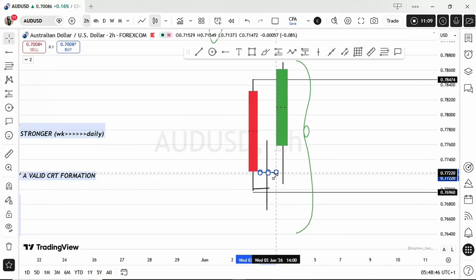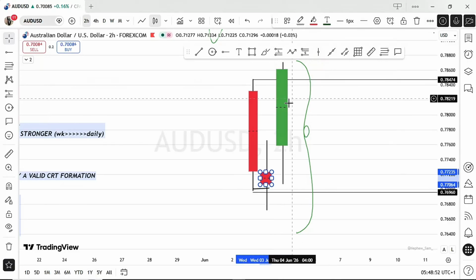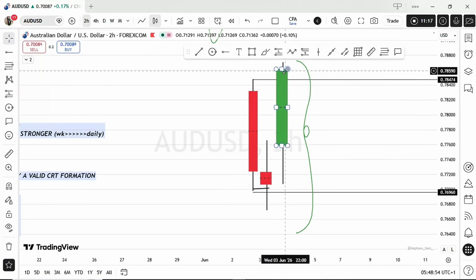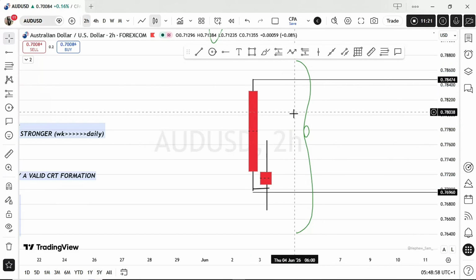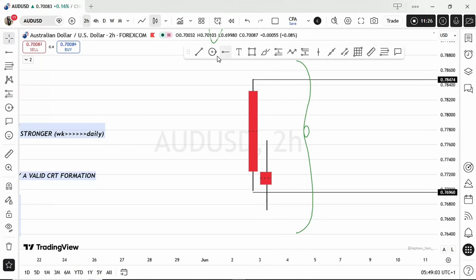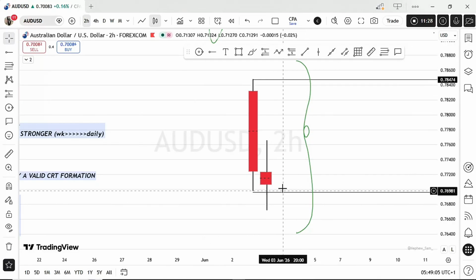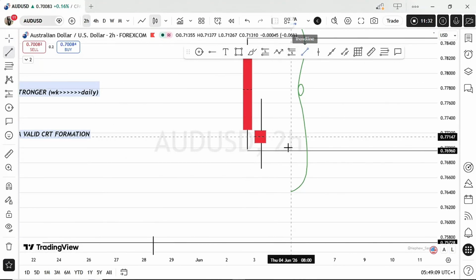Let's say this candle closed this way. This formation is very, very weak because we can have the next candle just open and sell downwards. Do you understand it?